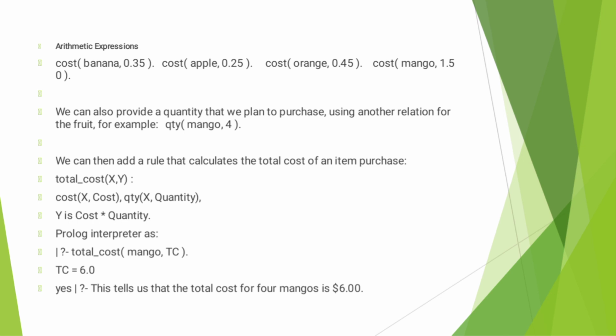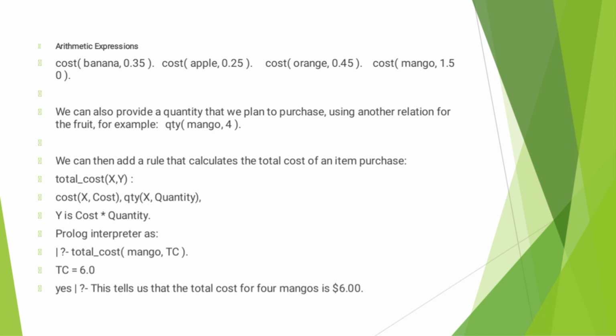0.35, that is banana cost is 0.35, apple cost is 0.25, orange cost is 0.45, mango cost is 1.5. We can also provide a quantity that we plan to purchase using another relation for the fruit. For example, we need 4 mangoes, that is quantity mango comma 4, and total cost is X comma Y, cost X comma cost, then quantity of X comma quantity.